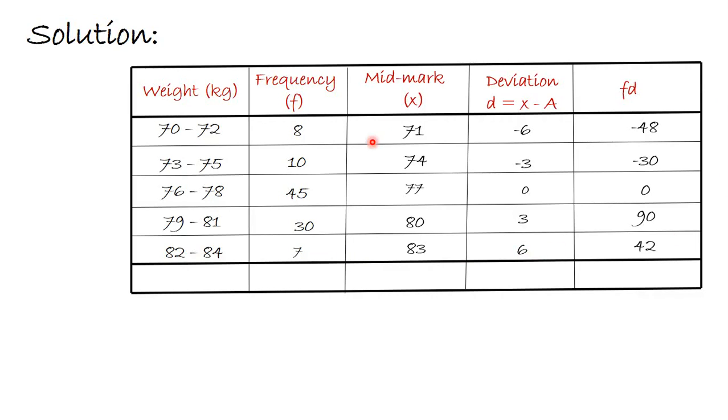Now we need to get the summation of f and then the summation of fd. Let's start by getting the summation of f. Using the calculator, we can work this out very fast. So we have 8 plus 10 plus 45 plus 30 plus 7, and that gives us 100.